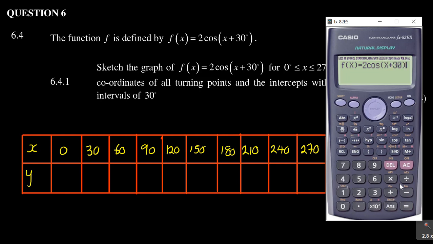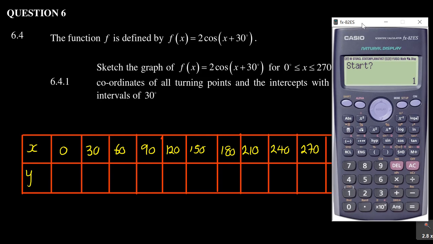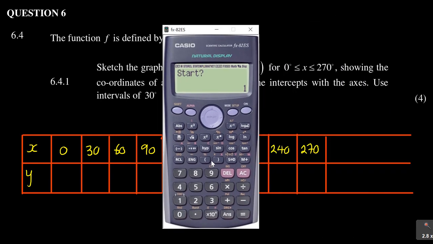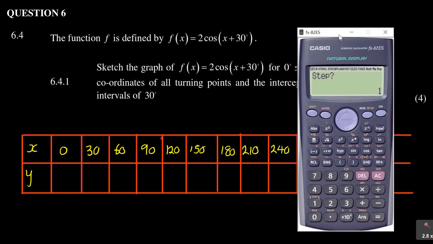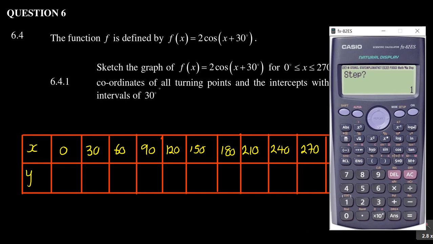Then you press equal. They say start from 0, so you press equal, then end at 270, equal, and the step is intervals of 30, so the step is equal to 30, you press equal. So you're going to have quite a number of different numbers.